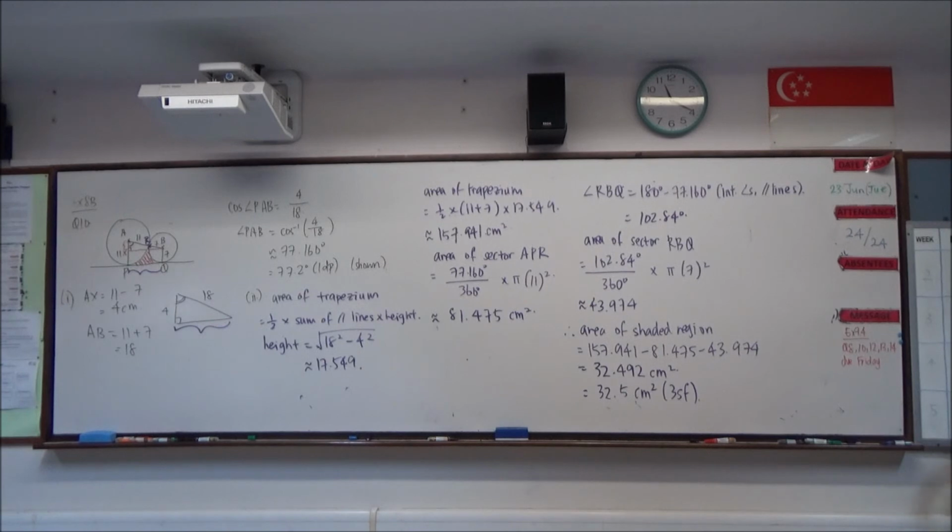Are you able to find the arc length of BQ and BP? No. I cannot find BQ. You don't know how to find BQ? Okay. Do you know how to find the angle of BOQ? Yeah, angle BOQ we have from part 1 already.